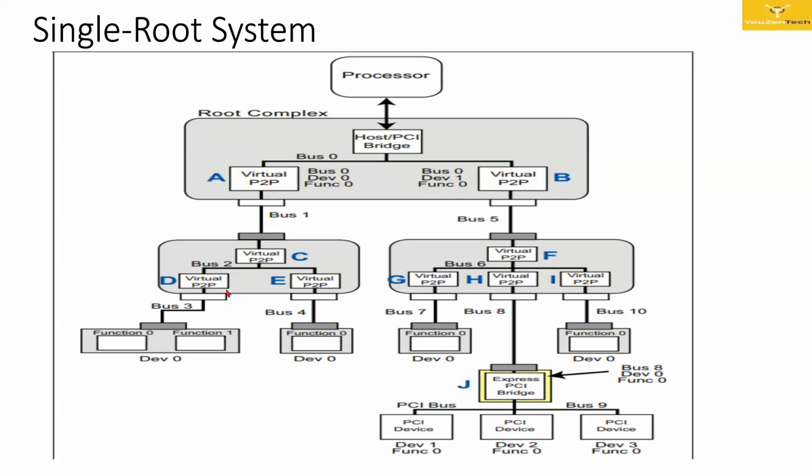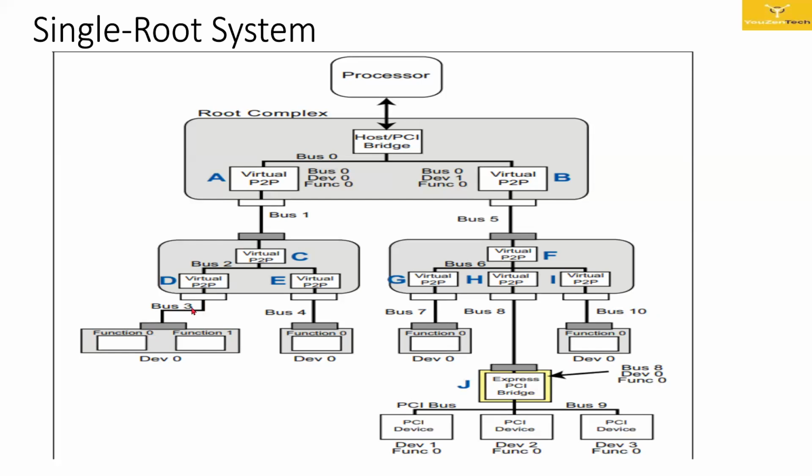Again it does some writes, updating all three registers: subordinate, primary, and secondary bus register. The primary bus register will be updated with 2, the secondary bus register with 3, and the subordinate bus number with 255.